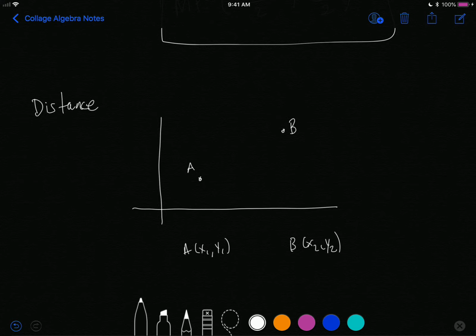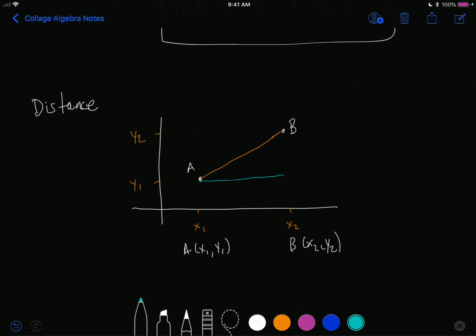And I want to find the length from A to B. This point right here, again, is x1, so therefore this point right here is x2. This point right here is y1, and this point right here is y2. Well, what we recognized some time ago was that this right here can be seen as a right triangle.